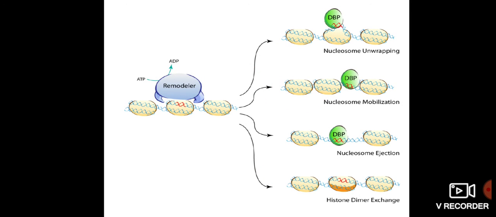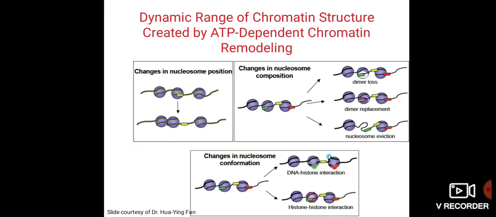So this is again how remodelers are working. The dynamic range of chromatin structure is created by ATP dependent chromatin remodeling. So it causes dynamic changes, means the structure of the chromatin is going to get a little bit altered at a particular region.